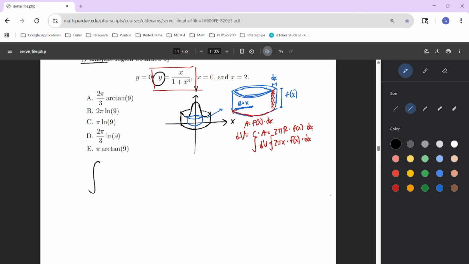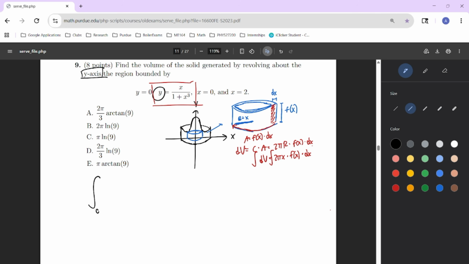We have from 0 to 2, following our lower and upper bounds of integration, 2 pi x multiplied by the upper value of y. It would technically be this function here, x over 1 plus x cubed, minus this value here.